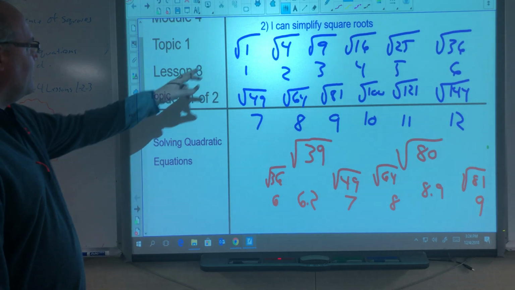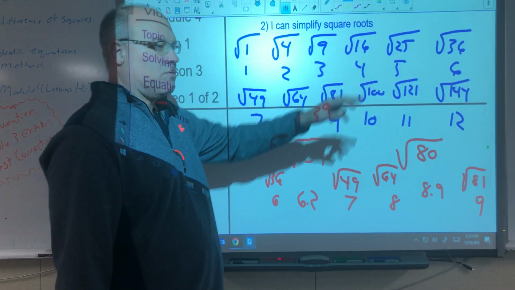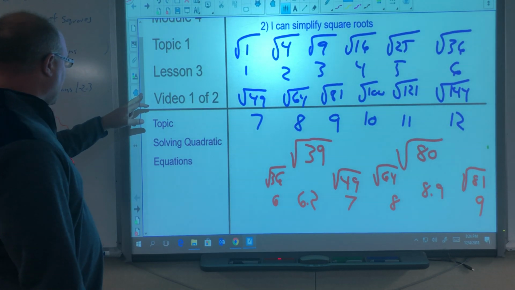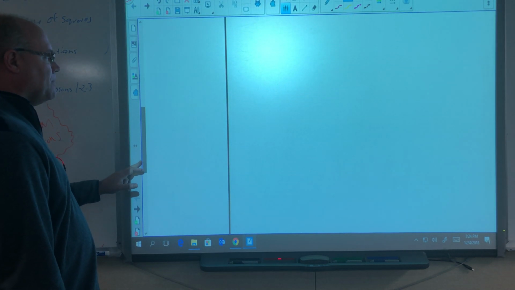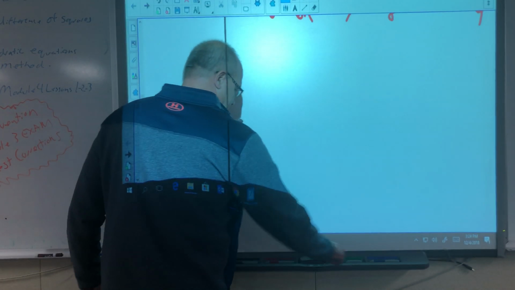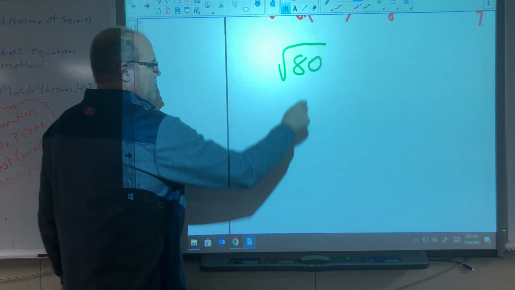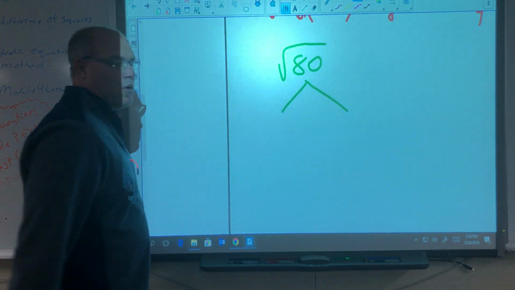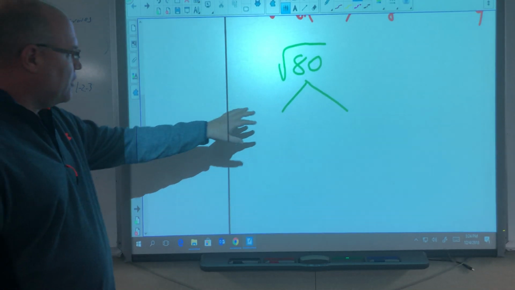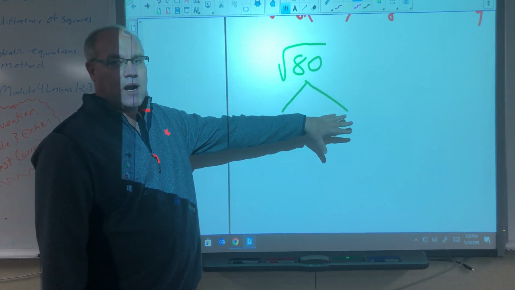The next part is simplifying the square roots, which is where we struggle. So let's take a look at that. Simplify. Let's use that square root of 80 again. All right, this is where I want you to factor it, and the first factor has to be a perfect square.